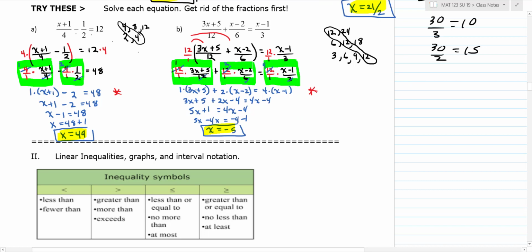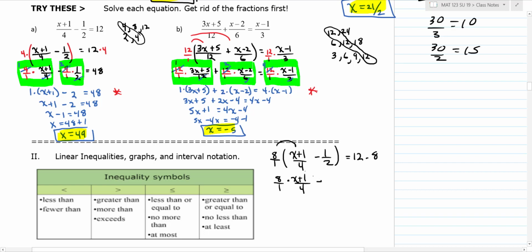If you did this first one, if you multiplied by 8, because I suspect a lot of you multiplied by 8, you would have 8 times x plus 1 over 4 minus a half equals 12 times 8. If you did it this way, you would have 8 over 1 times x plus 1 over 4.